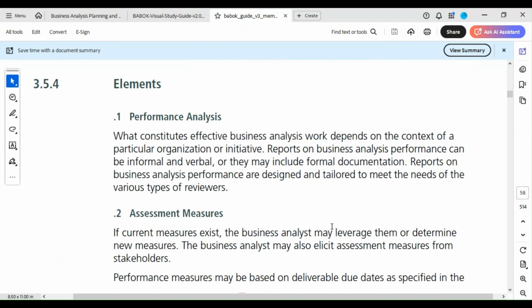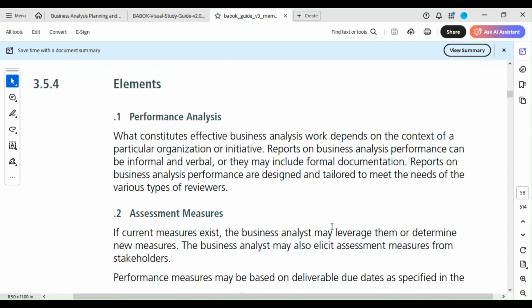So what constitutes effective business analysis work depends on the context of a particular organization or initiative. So what determines your effective business analysis work depends on where it exists. And where it exists is the organization or their initiative, within those corridors.